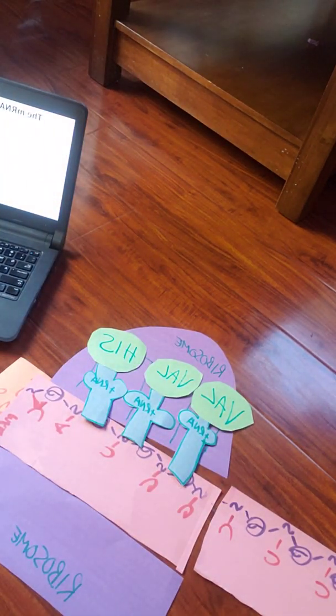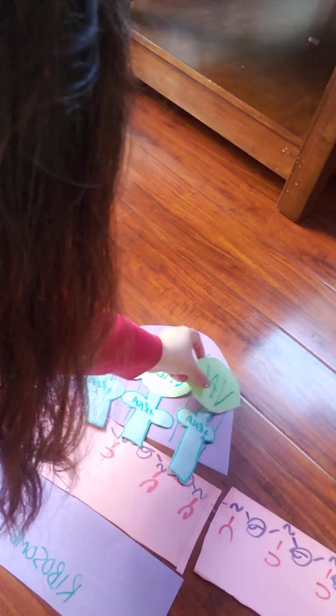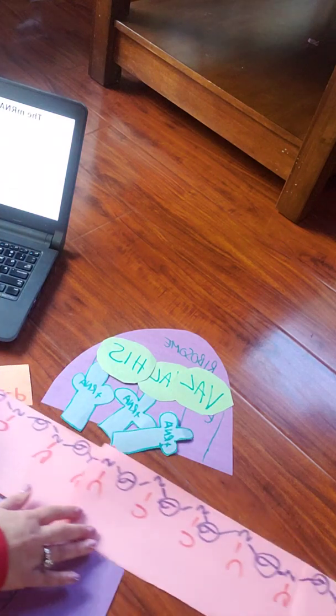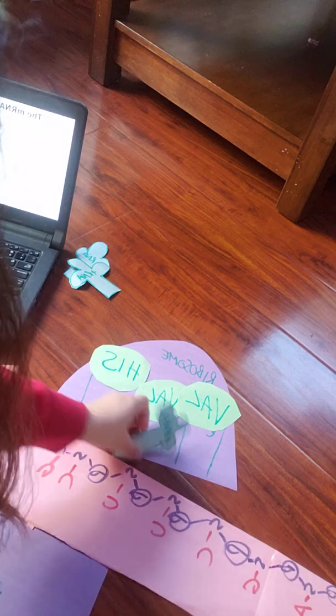How do we join amino acids? Aha, dehydration synthesis, peptide bond, peptide bond. Okay, our mRNA is going to shift, our tRNAs are going to exit, and we're going to keep growing this protein.